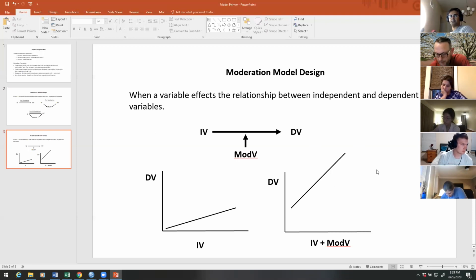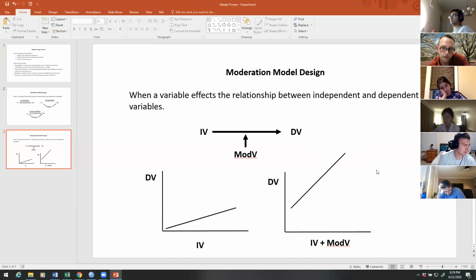So again, going back to this idea that if I have a model that works for young consumers, but it doesn't work for older consumers, then age is probably a moderating variable, because it has some influence on the model itself. It's influencing the relationship between the variables somehow, and it should be accounted for.